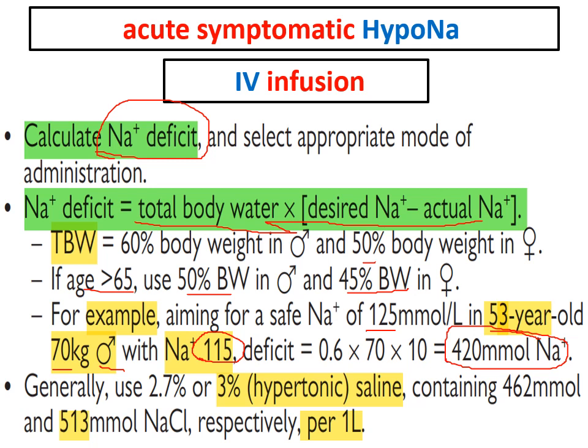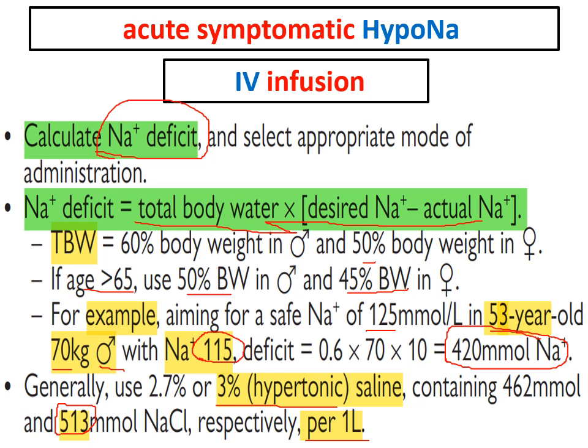Sodium deficit is 420. As we said before, in 3% hypertonic saline, which is the most commonly used, the sodium content is 513 millimole for each 1 liter. So if we give the patient 1 liter of hypertonic saline, it will give 513, which is more than the sodium deficit in this patient.